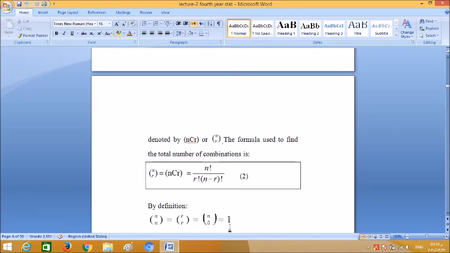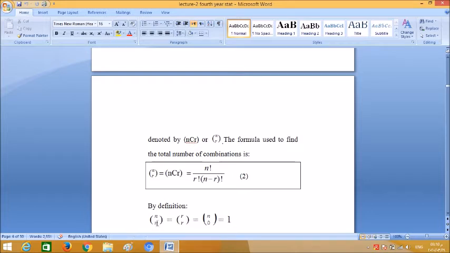By definition, NCN equal NC0 equal 1. So we said before that 0 factorial equal 1.